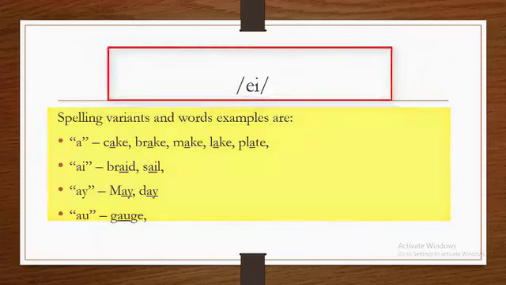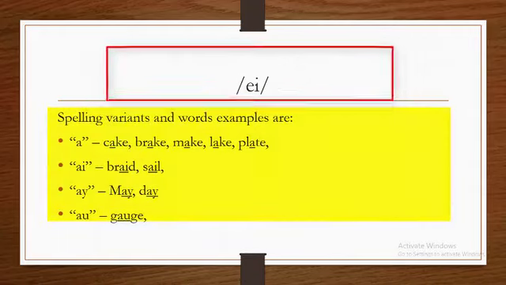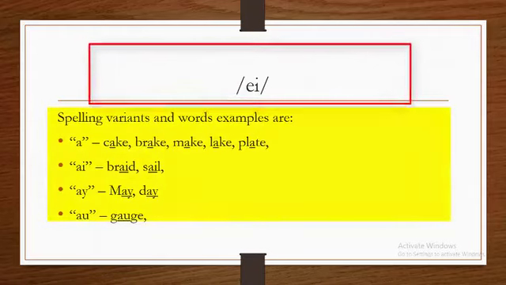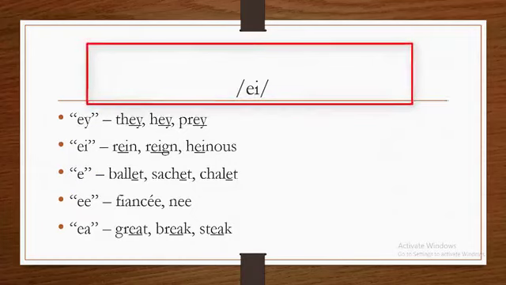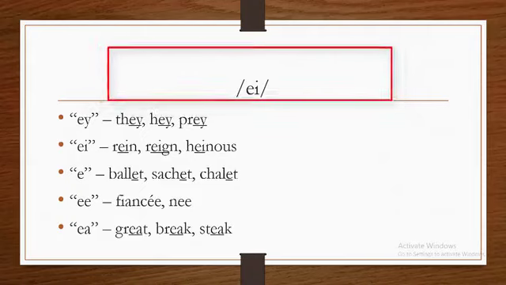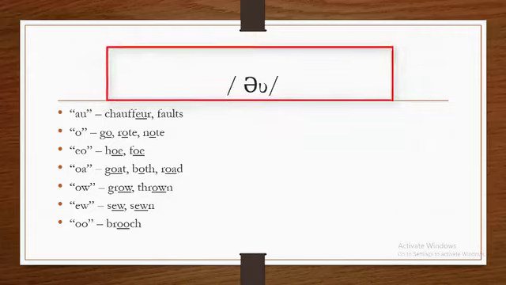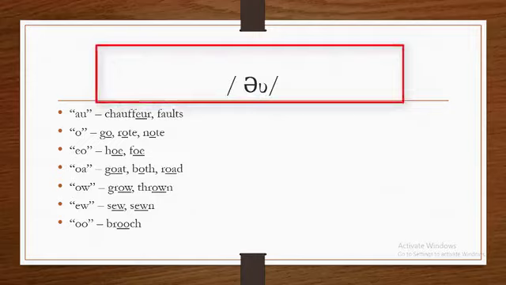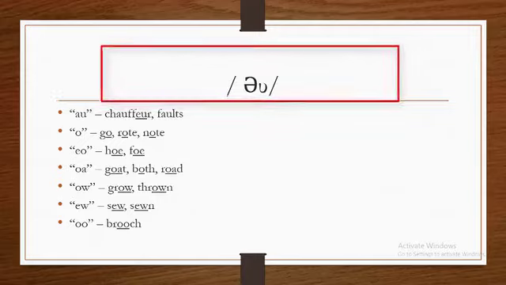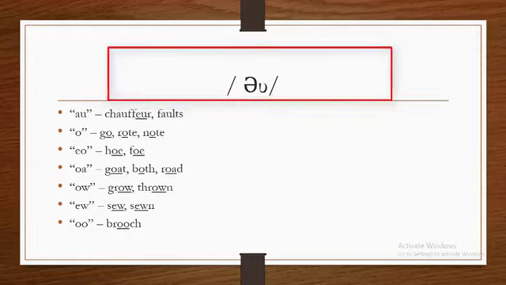So let's have them in the words cake, break, braid, may, gauge, they, rain, sachet, chalet, great, break. So we have it in words like go, note, goat, both, road, so.